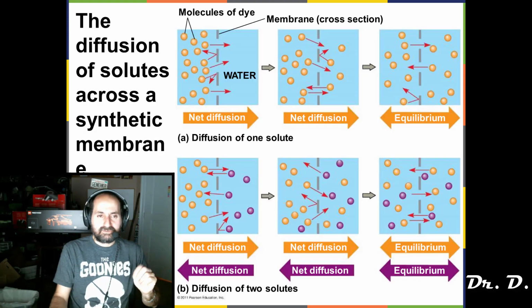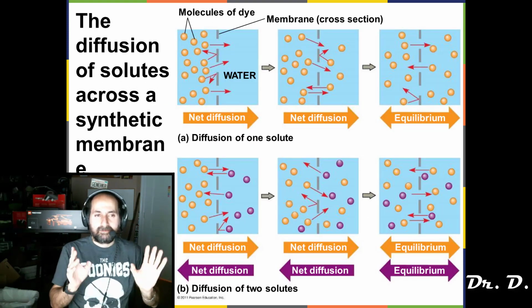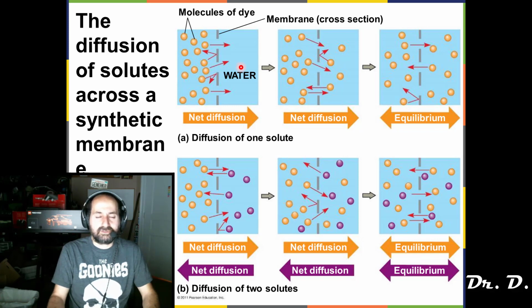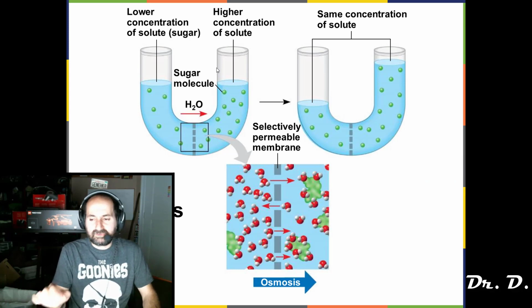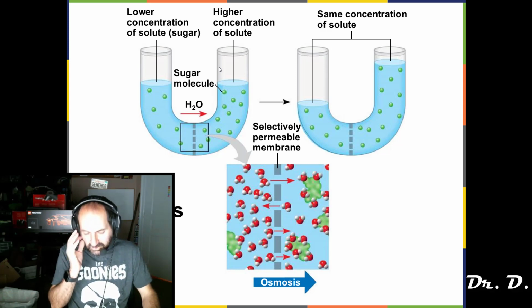In the first example, the solute could cross the membrane. So the solute would cross from where solute is high concentration, and there would be net diffusion to where solute is low concentration. Do you see in this example here, the solute cannot cross. It is not possible for the solute to cross the selectively permeable membrane.